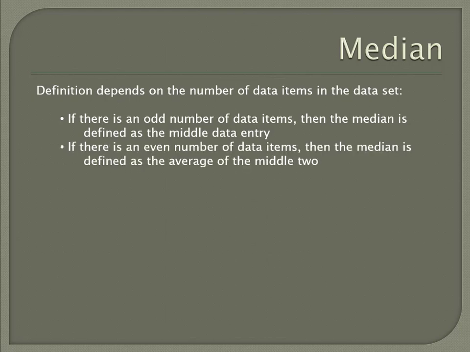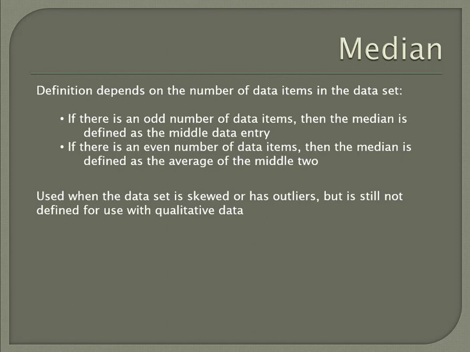If there's an even number of data items, then the median is defined as the average of the middle 2, because if you list all of your data items in order from greatest to least or least to greatest, it doesn't matter how it's sorted, you're not going to have just one value in the middle. You'll have 2 values in the middle, so you just take the average of those 2, and that's your median.